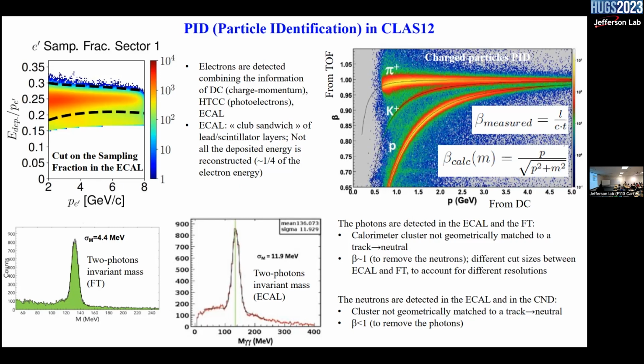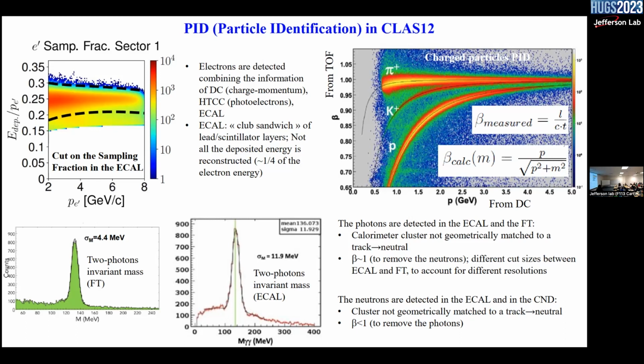I'm showing here examples of particles that are used in the GPD final states. So we have electrons, protons, pions, and photons, and then there are also neutrals. For the detection of the electrons in CLAS12, we combine information from the drift chambers that give us the charge and the momentum of the particle. We combine it with the Cherenkov that gives us the particle identification, and the calorimeter that also contributes to the particle identification.